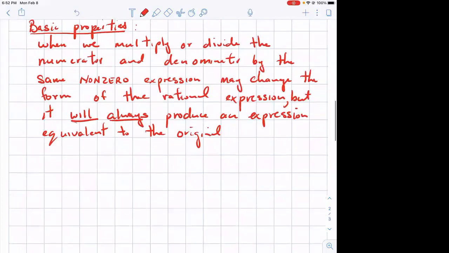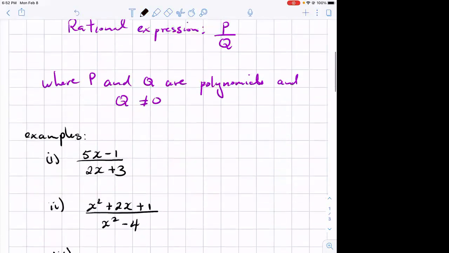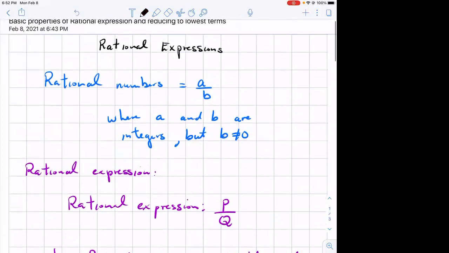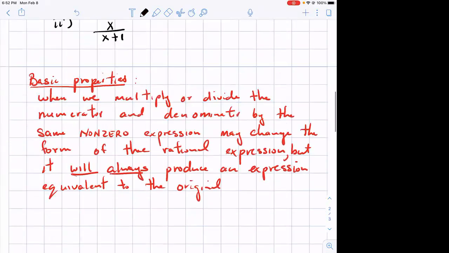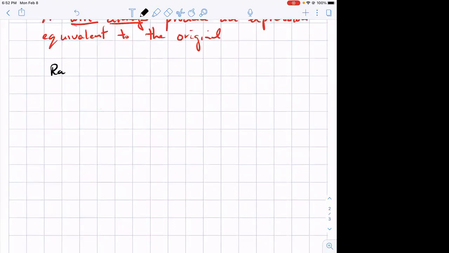So let's start off with something we know, which also goes back to when we had rational numbers. Let's look at the rational number 1/2.